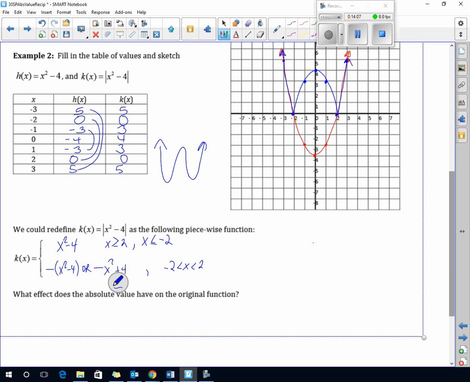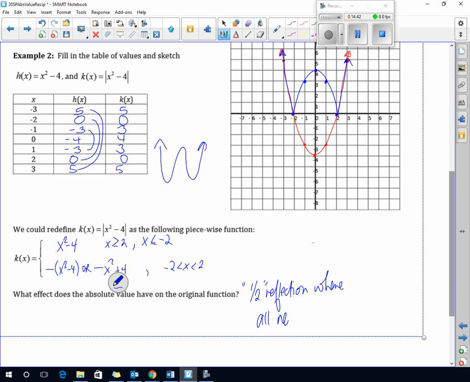So what effect does the absolute value have on the original function? How did I describe it? We were more describing it as a reflection, right? I like calling it a half reflection. It's not really a half, I'm going to say that loosely. A half reflection where all negative y values are now positive.